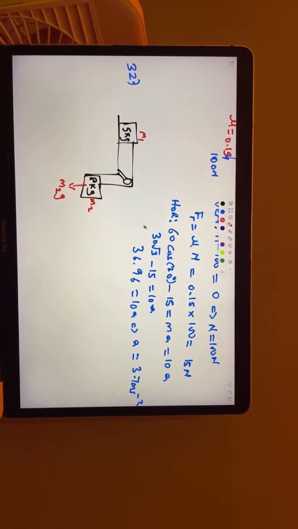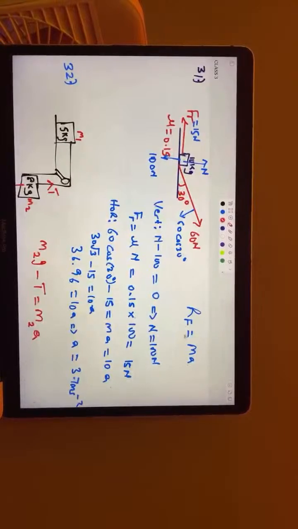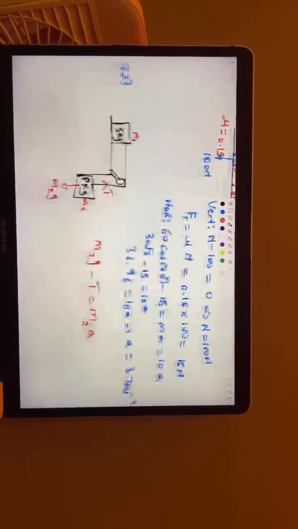Now, whenever a rope is attached to something and a force is acting in one direction, the tension will always act in the rope in the opposite direction. If we are considering that this 8 kg is pulling downward, then the net force will be M2G minus tension, which gives us the resultant M2 times acceleration. It's still working on the fact that resultant force equals MA.